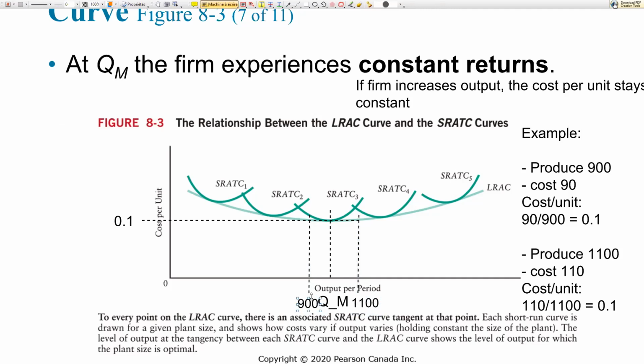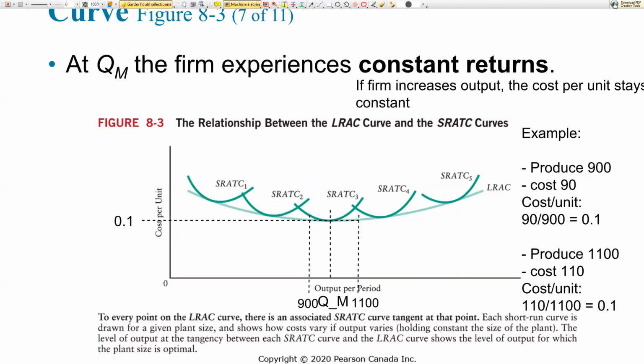All right, so you see that I was at 900, the cost per unit was 0.1, and if I increase to 1,100, so I just cross QM, but I stay around it, then the cost per unit stays roughly 0.1. Because now I produce 1,100 and the cost is 110. But I agree with you that if I continue to increase, then it's no longer the case. So that's what I'm going to talk about.